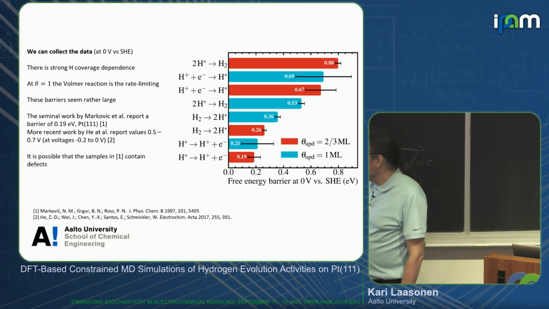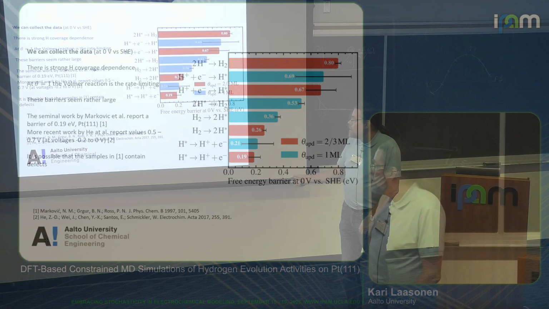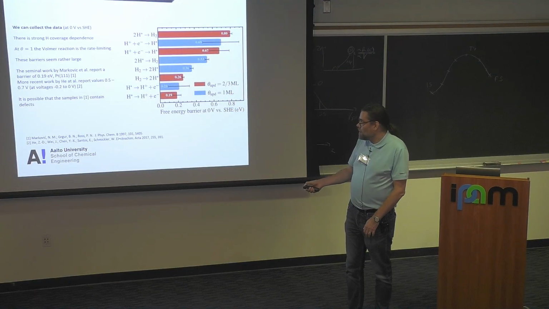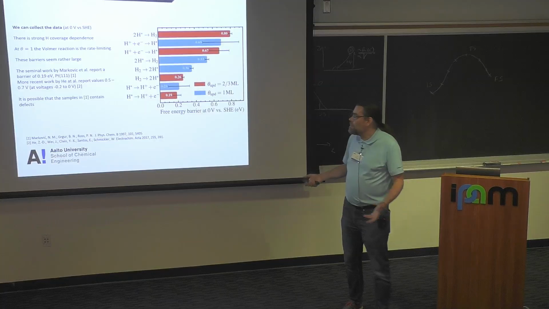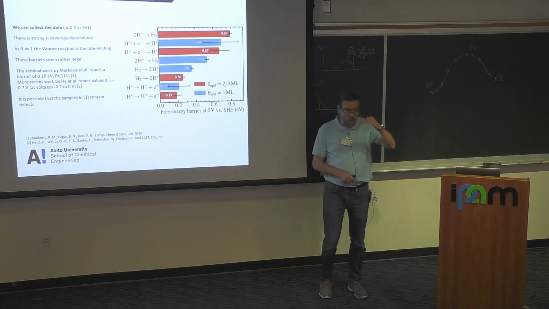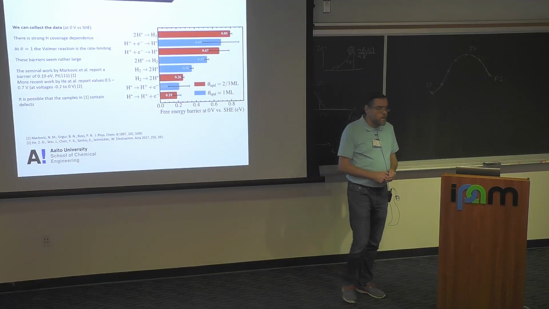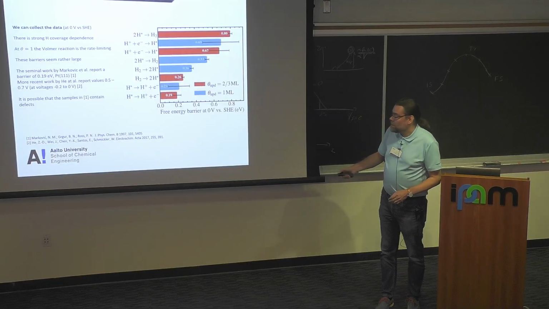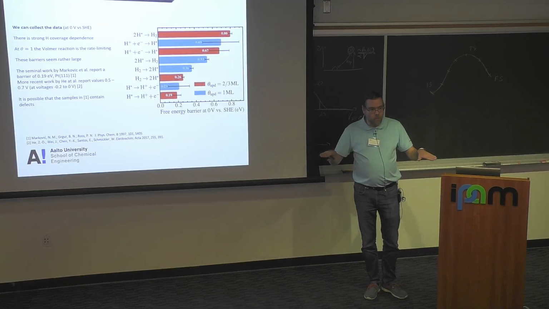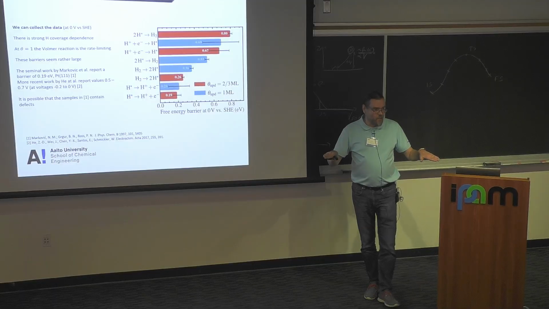But then there's a more recent work by Schmickler's group and some Chinese colleagues. When I read the paper it was very convincing, and they claim that the barrier is quite a bit higher. And it may be that for Markovic, it's extremely difficult to make very flat surfaces.